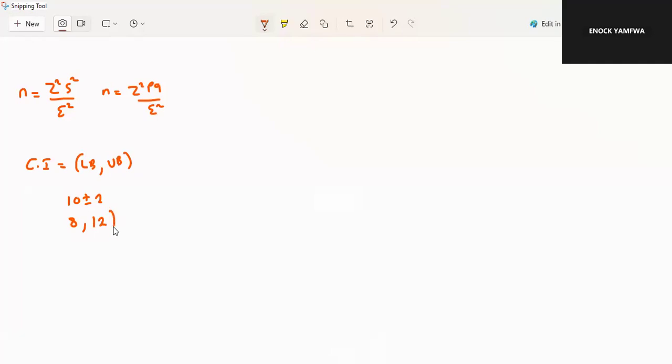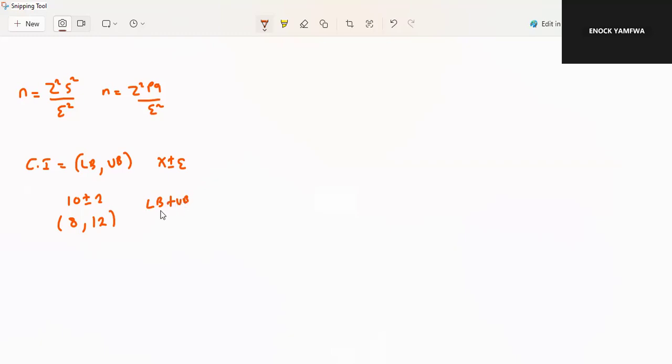So this has the lower bound, and this has the upper bound. To find this, it is simply the mean plus minus the error term. To find the mean, we simply add the lower bound and the upper bound and divide by 2.